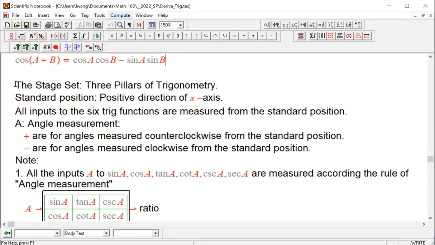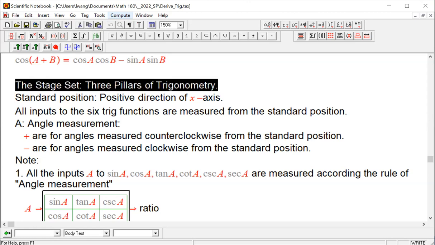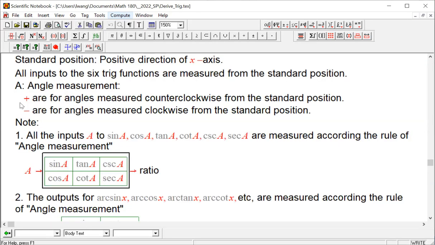Before we prove this identity, of course, we declare that we still work on the three pillars of trigonometry on that stage set, with the angles measured from standard position. Angles are positive if measured counterclockwise from the standard position. Angles are negative if measured clockwise from the standard position.